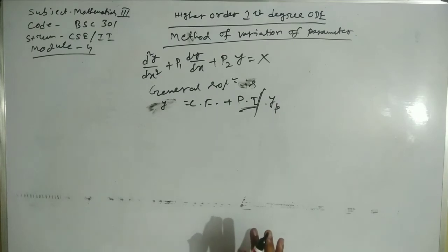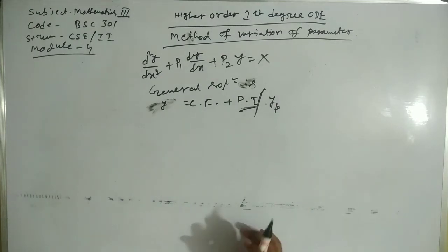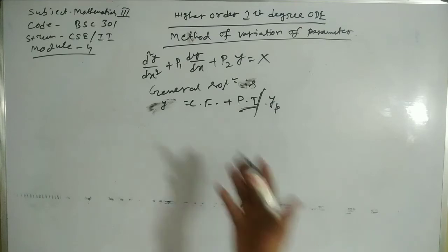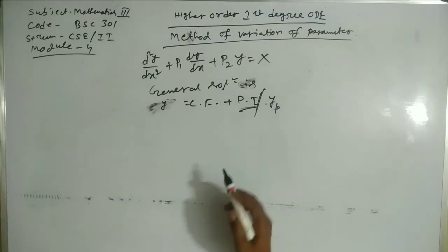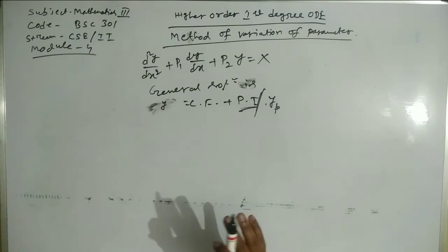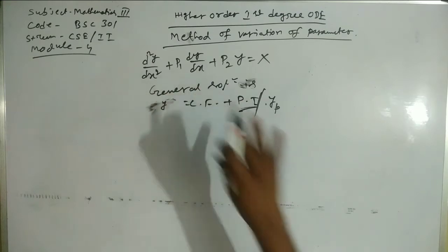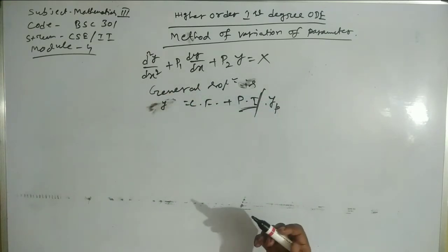Before telling the procedure to find yp, we all know that when we find the complementary function, first we find the auxiliary equation from the homogeneous part of this equation, considering the right hand side 0.